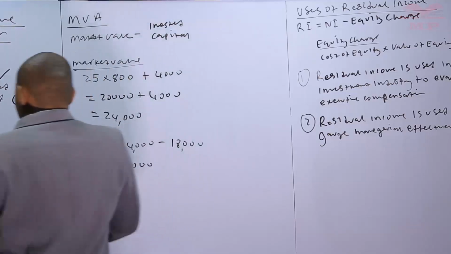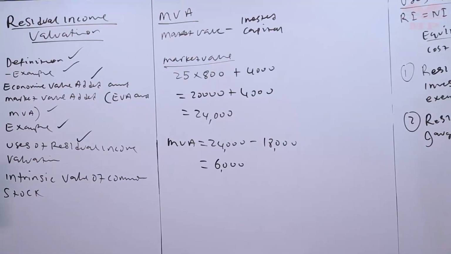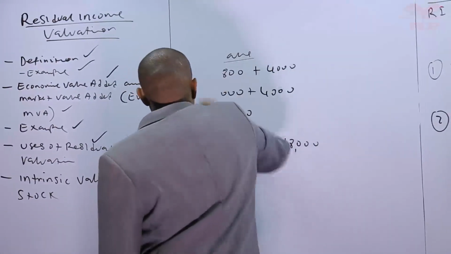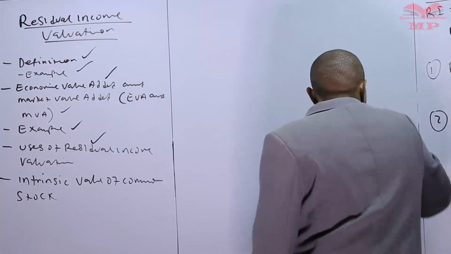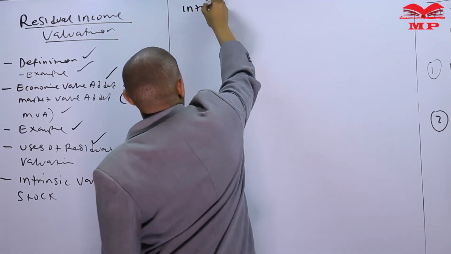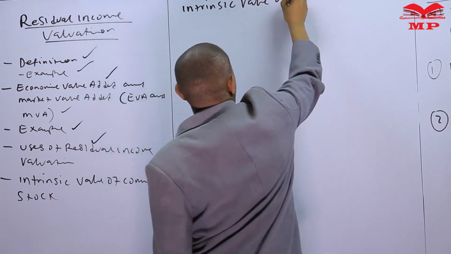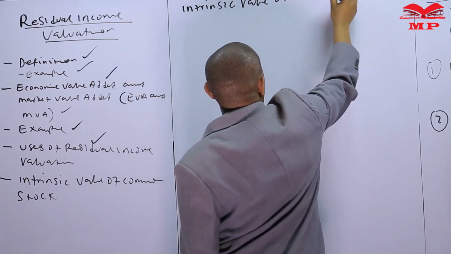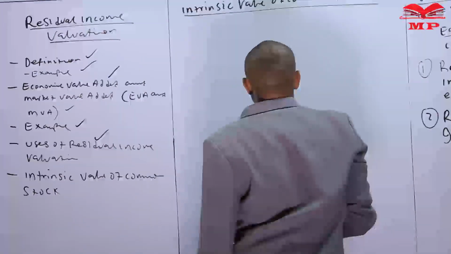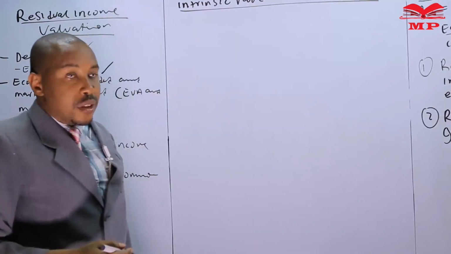Having looked at the uses of residual income valuation, let's move on and look at the intrinsic value of common stock. We had already defined what intrinsic value is.